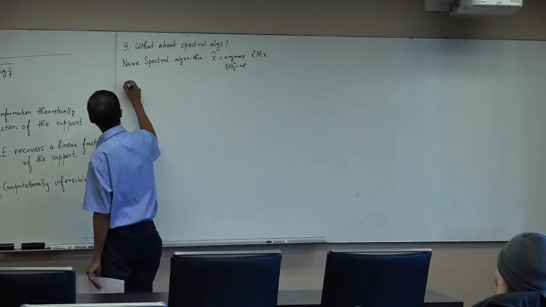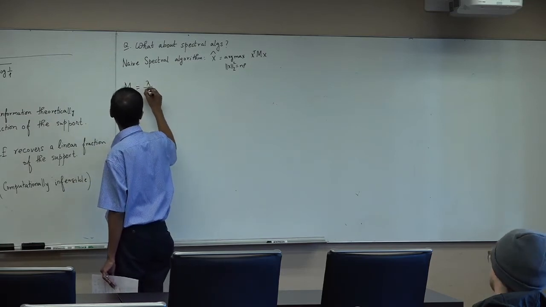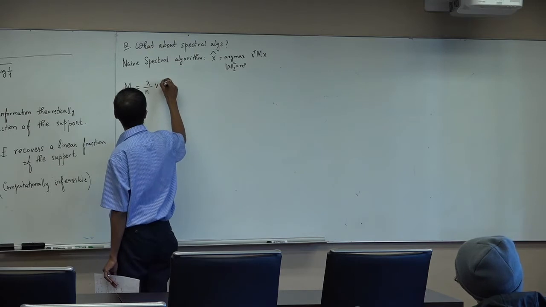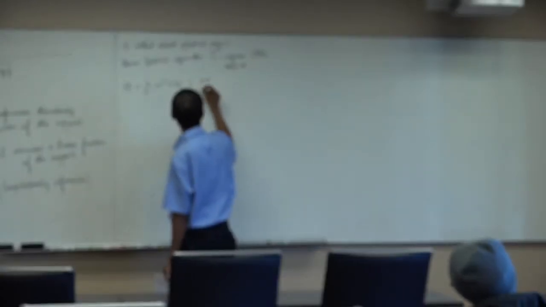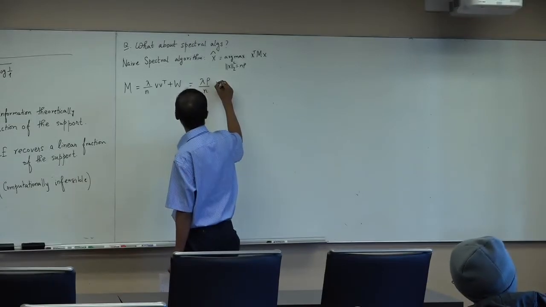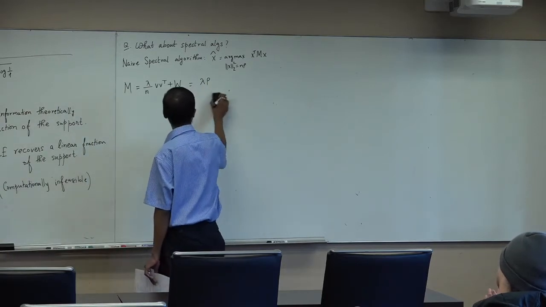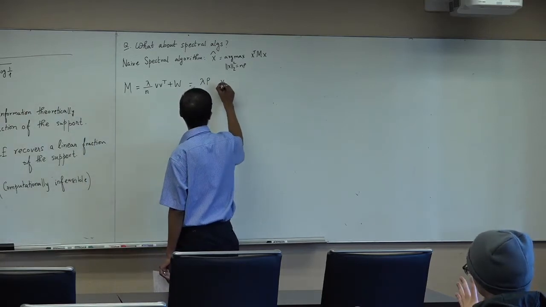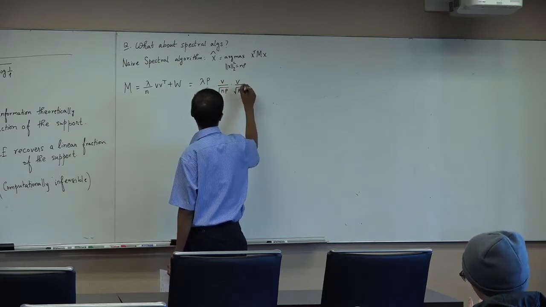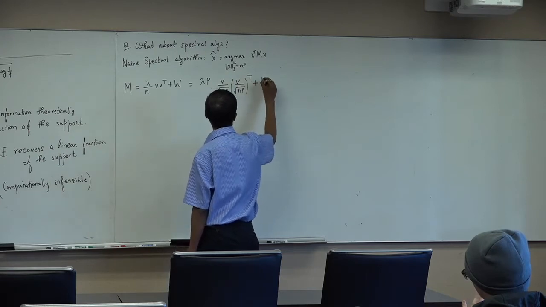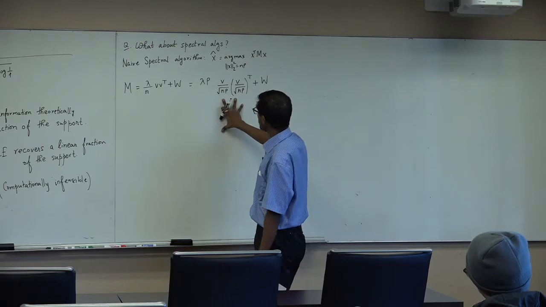In particular, M is basically lambda over n times v v transpose plus error. So I can write this as lambda rho times (v over square root of n rho)(v over square root of n rho) transpose plus W, right? So now I've normalized this to be a vector with norm 1.